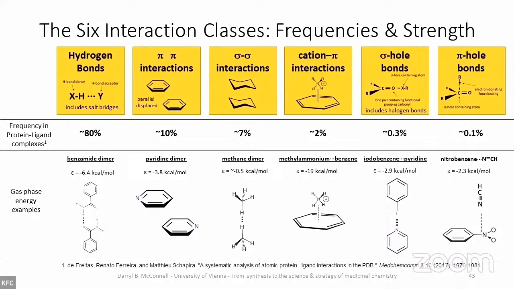Then we have sigma hole bonds, for instance the halogen ones, and pi hole bonds, which are really rare. One type of this interaction is nitrobenzene interacting with each other, so it's basically an electron-donating functionality towards the pi interaction.